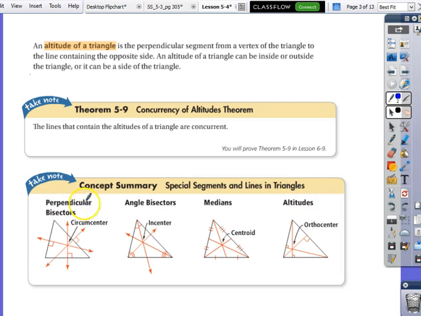So we're going to have to identify which line we're looking at in a triangle. And if we have more than one of them and then they cross, we're going to have to be able to tell what point of concurrency we're at. That's the skill set that we need to obtain by the quiz on Thursday.